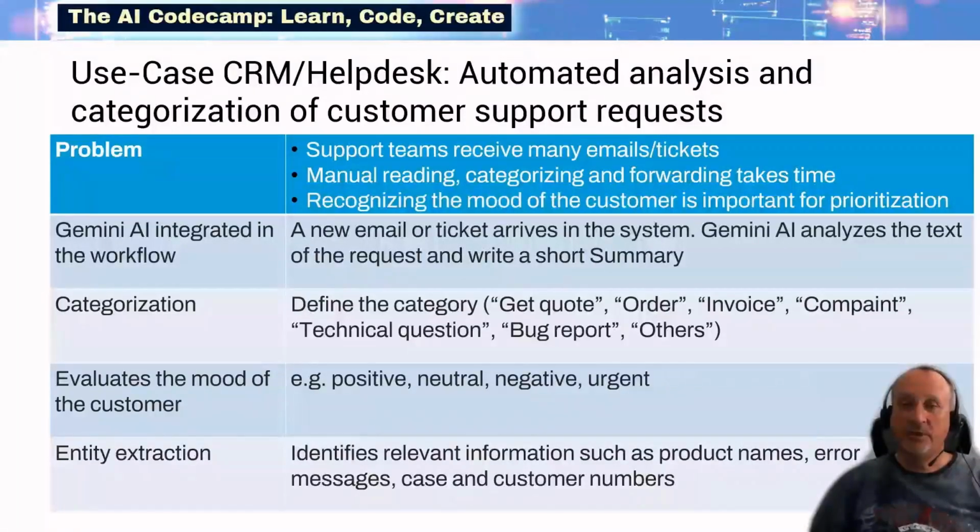First, we need to be clear about the types of requests we typically receive. I have defined this list: get quote, order, invoice, complaint, technical question, bug report, and for all other categories, others. It's important to recognize the emotional state of a request.